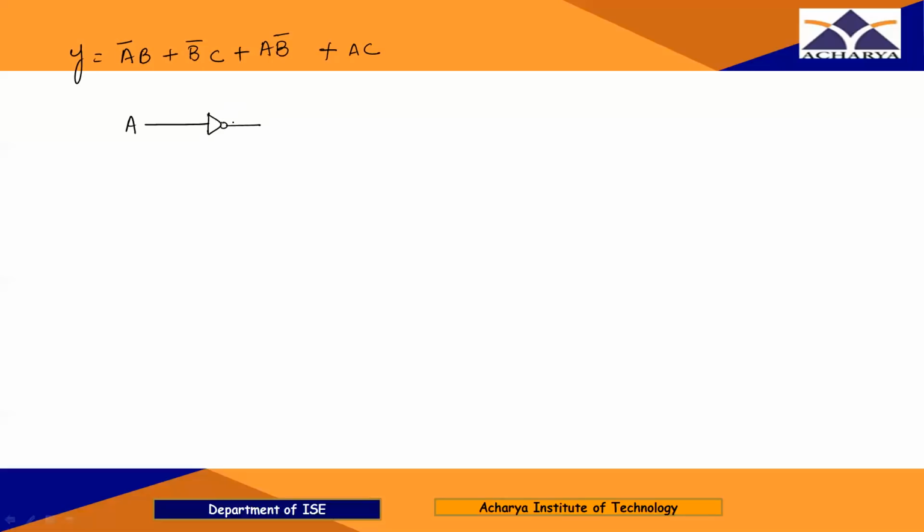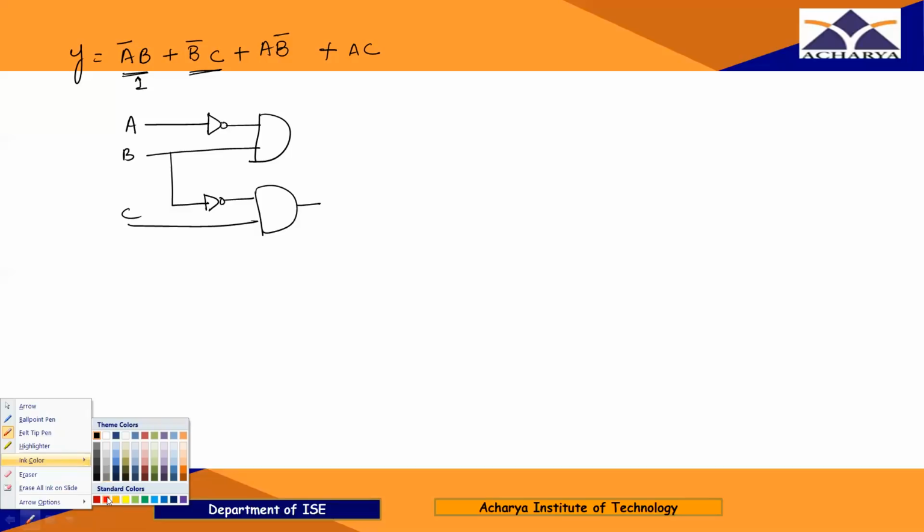So here it is A bar I'll get, and this is B. So this is for the first term. Second one is B bar C. I have B here. So I will just take inverter from here, and this is C. This is one AND gate. Next I have A B bar. So I will just change the color.